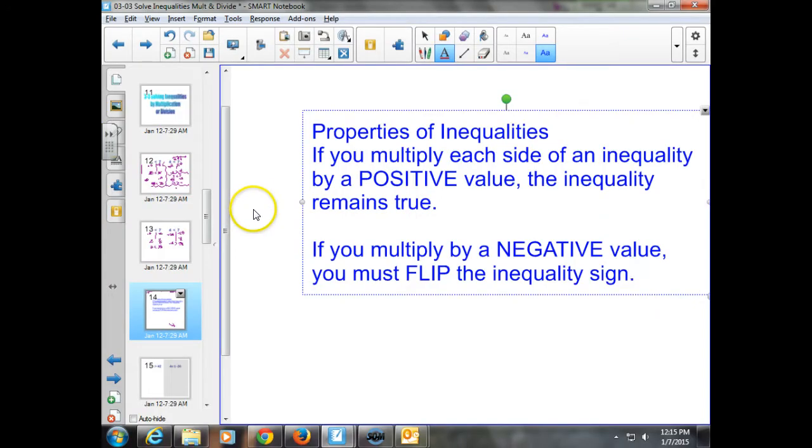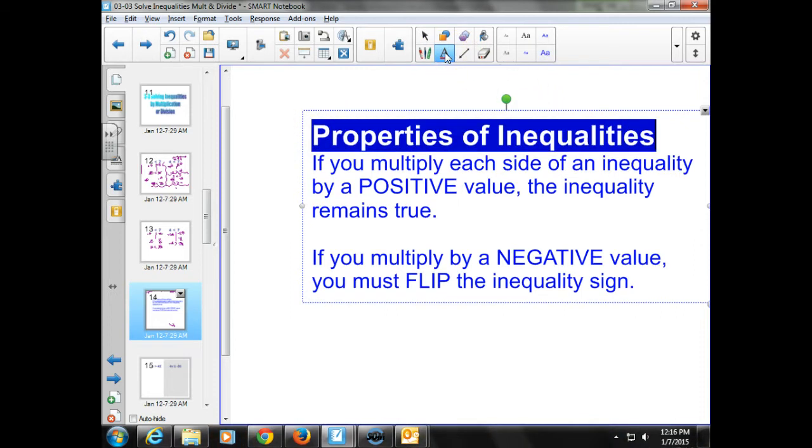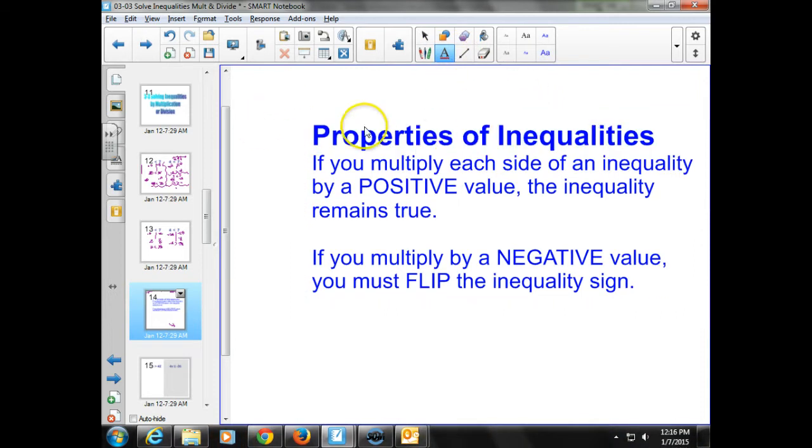All right, if you'll forgive me, I had to retype a little bit here because my computer was going a little bit crazy. So here's where we were at. If you multiply each side of an inequality by a positive value, the inequality remains true. If you multiply it by a negative value, then you have to flip the inequality sign.